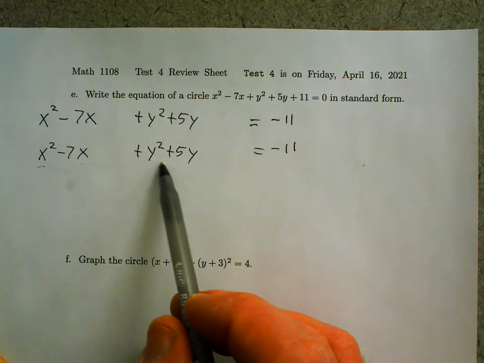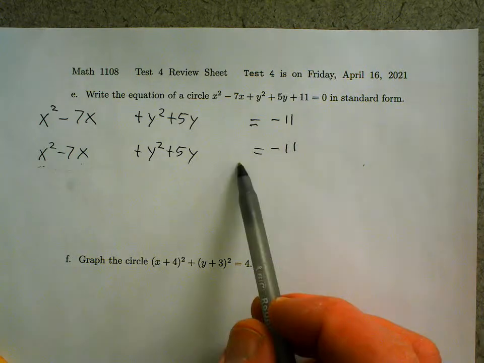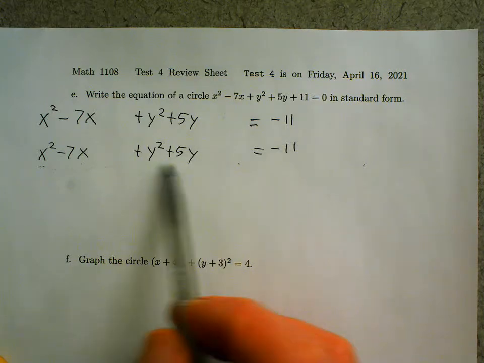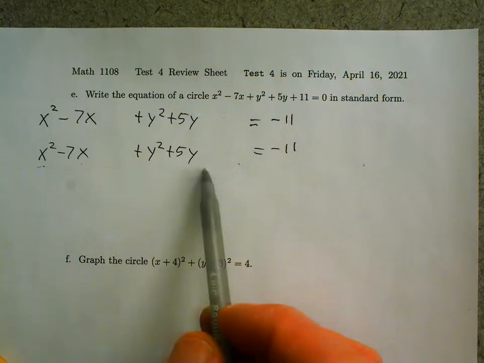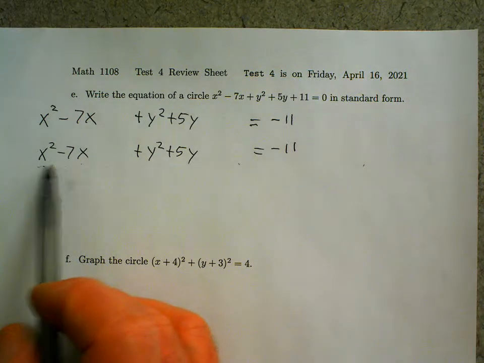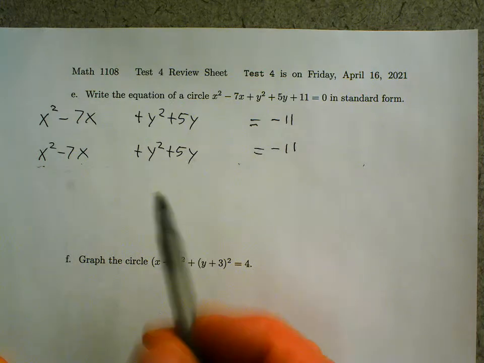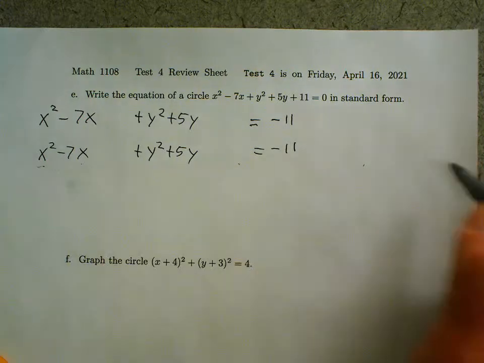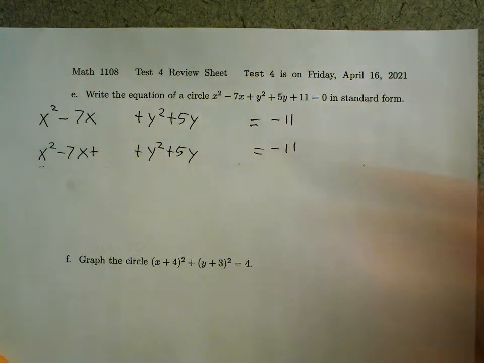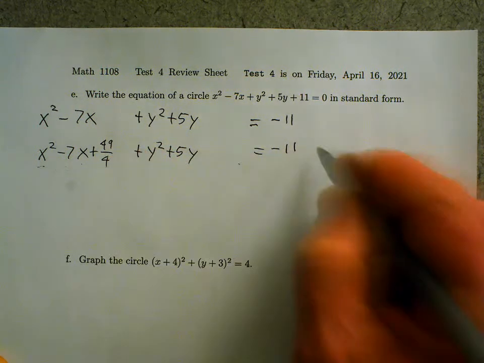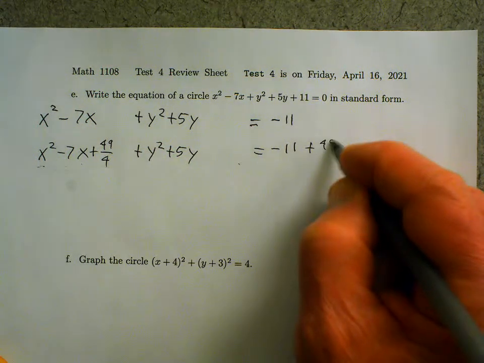And we're going to add another number to both sides of the equation so that in the other case, we'll get a second perfect square trinomial. So we know how to do that. On x squared minus 7x, take half of -7, which is -7/2. And when you square -7/2, you get 49/4. So we add 49/4 to both sides.